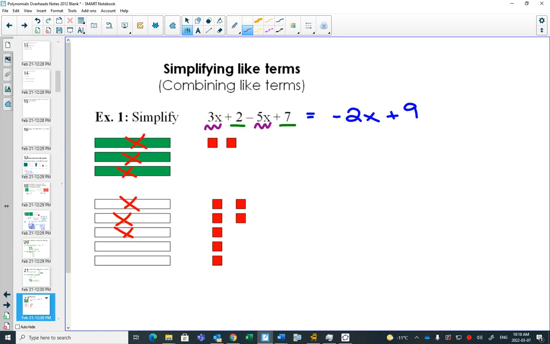And so the Algetiles can help us see that it's minus 2x plus 9, because the positives and negatives would cancel each other out. But most of you eventually will just say, I can do the algebra by recognizing what's alike and what's different.